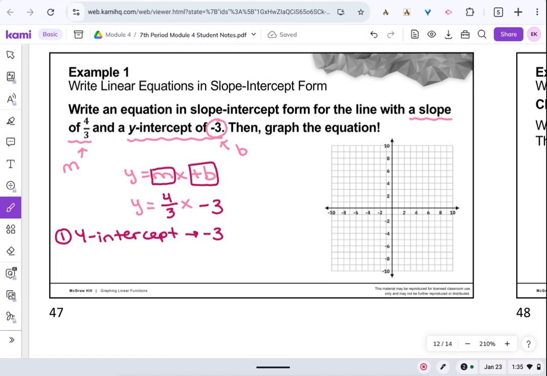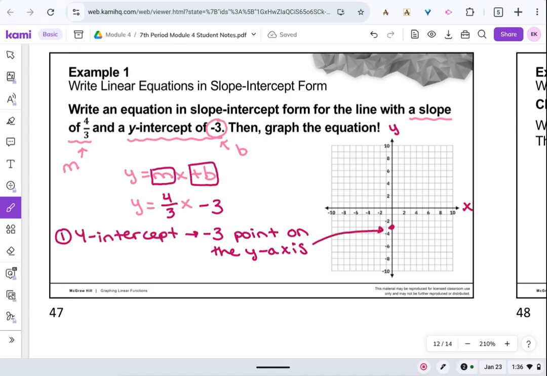This is going to be a point on the y-axis. So I'm going to place a point at -3 on the y-axis. This is our y-axis. This is our x-axis. So -3 on the y-axis is going to be right here. That's going to be our starting point.